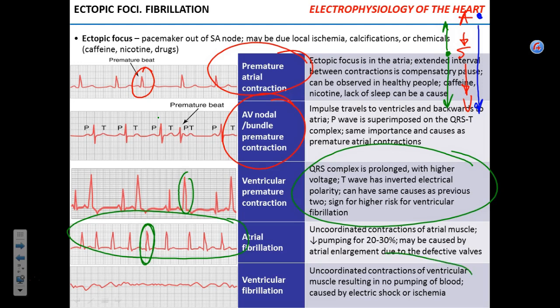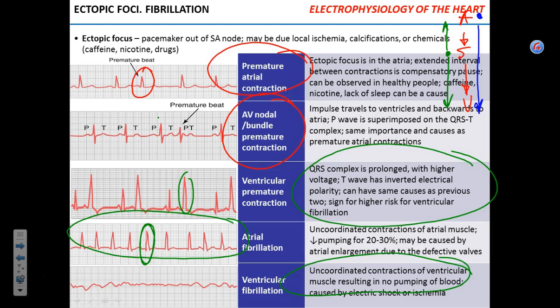Ventricular fibrillation is basically, I mean, it's not death, but it's very close to it. When cardiomyocytes in the ventricle start to contract randomly and haphazardly, the heart stops pumping. Does that make sense? Like everybody starts to play their own tune, basically.